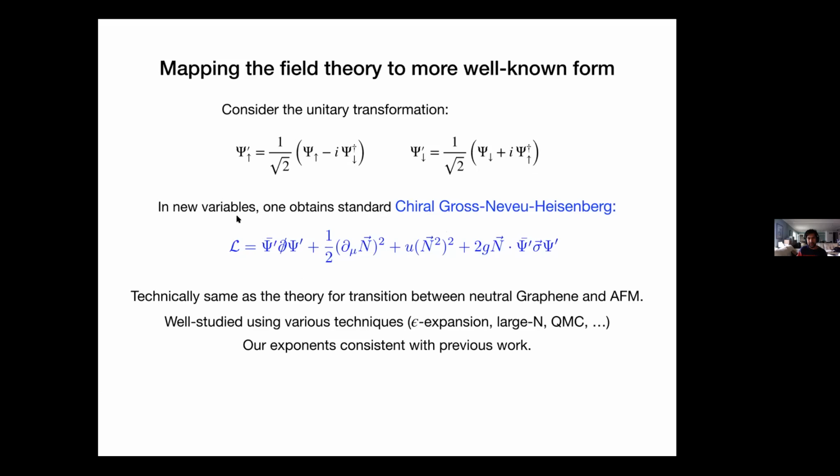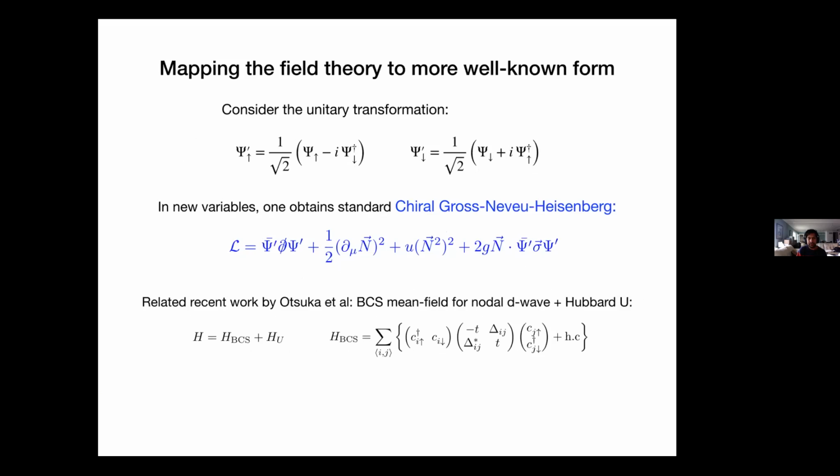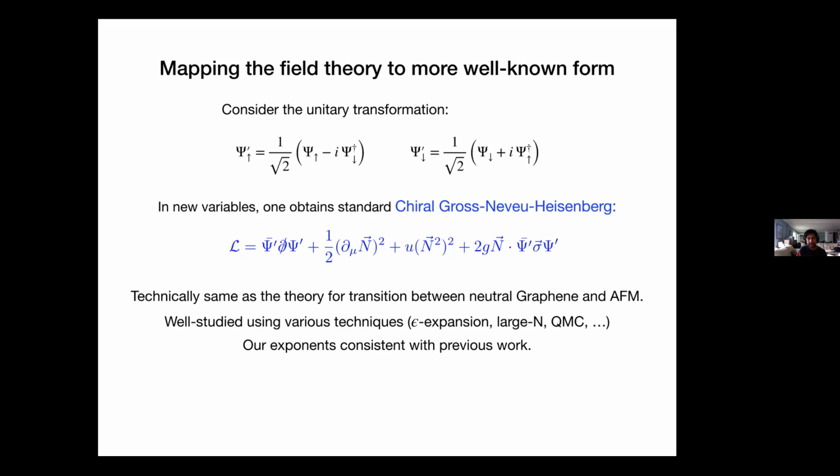So you can map this transition to something which you are more familiar with, and then you can compare exponents, and things make much more sense. The exponents are consistent with what we know about this transition from various previous work, because this is a much more well-studied model. There's so much work on this. Sorry, I'm not citing the papers.